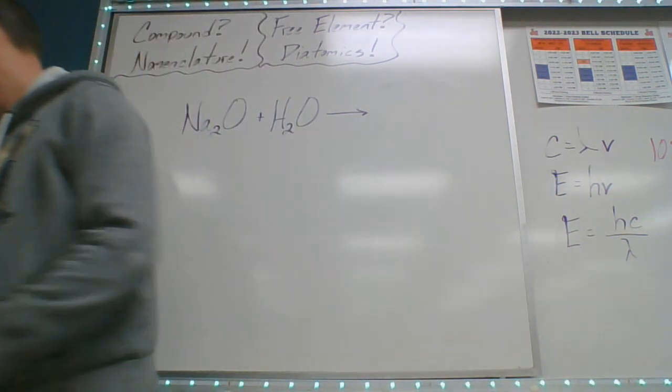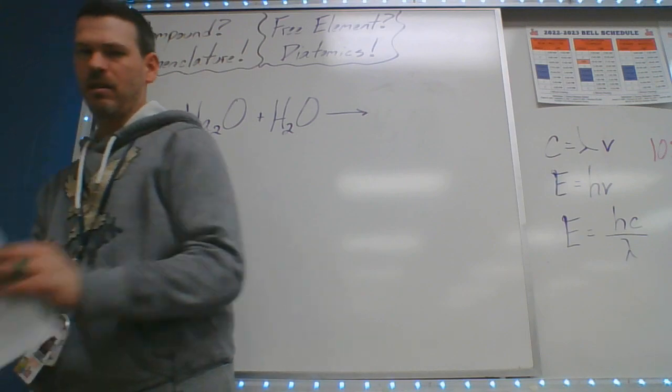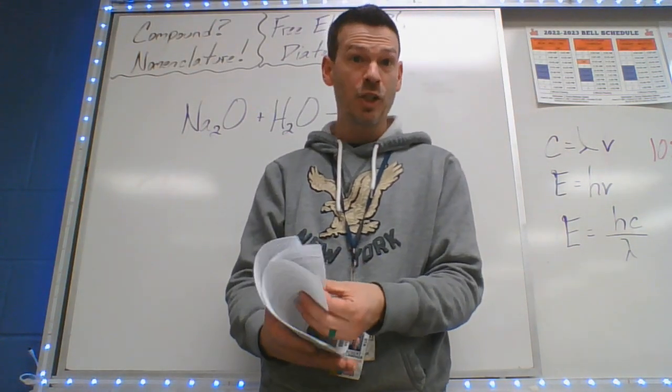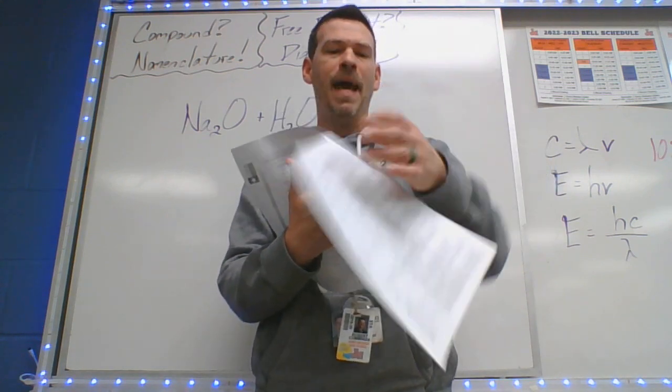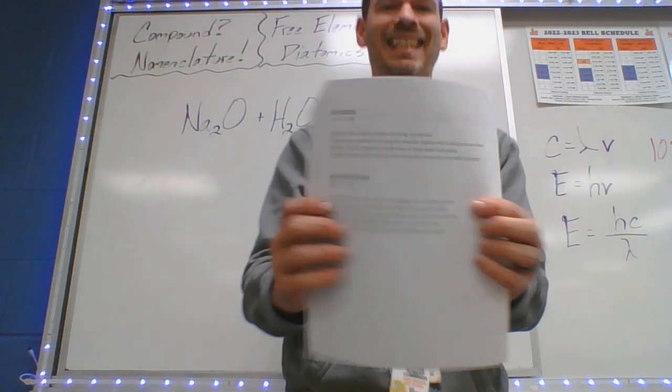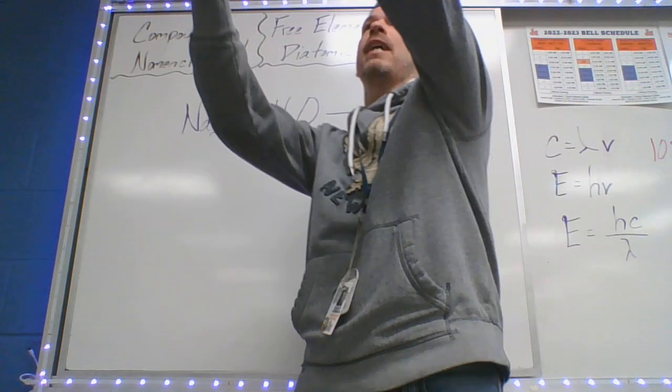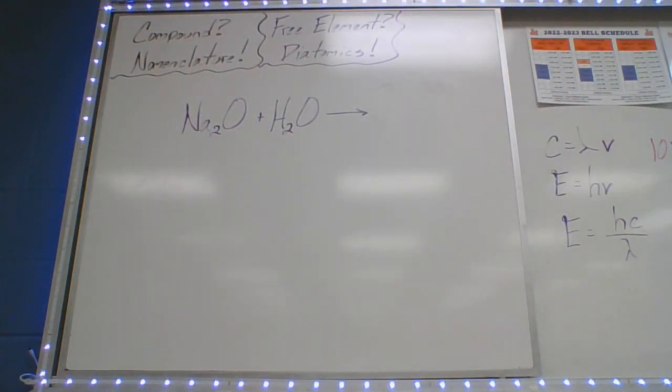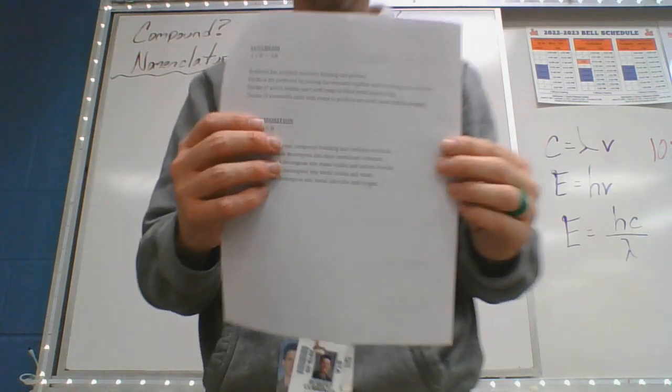Here's what I need you to do. In your packet, by the way, at home, get out your reactions packet. Near the middle of the packet, you will find a synthesis decomposition page. Find this paper. It says synthesis decomposition near the middle.